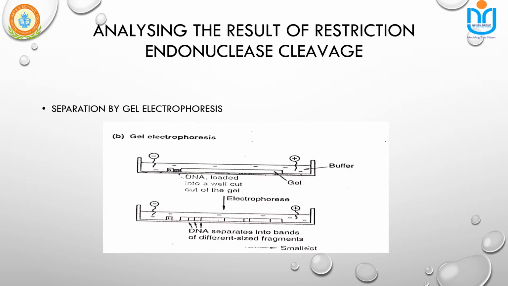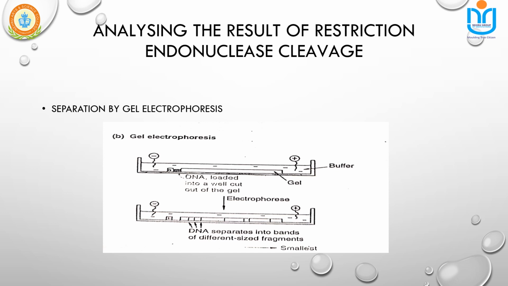And now, how do we analyze the result of restriction endonuclease cleavage? A restriction digest results in a number of DNA fragments, the size of which depends on the exact positions of the recognition sequences for the endonuclease in the original molecule.